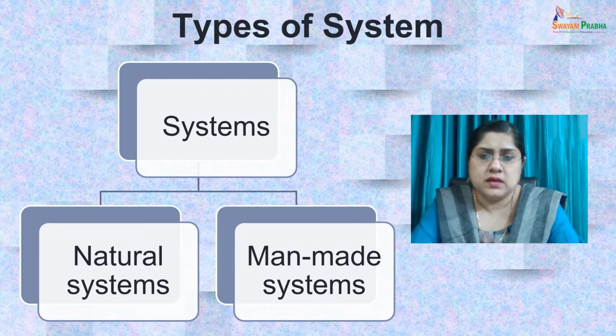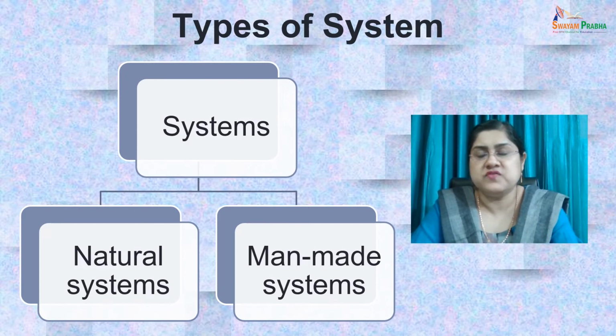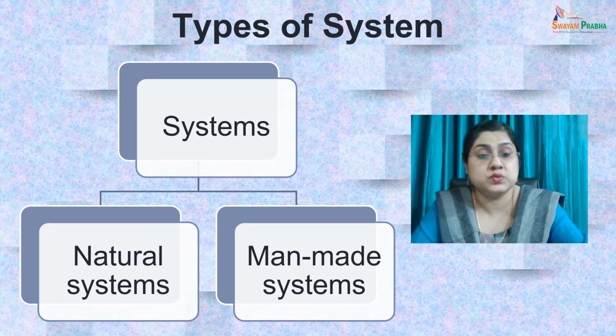Then all the creations of nature, and even if we see towards anything which is naturally prepared or naturally found, any biological mechanism, everywhere we can find a proper system happening. Otherwise, that particular phenomenon or thing is not actually possible to exist.